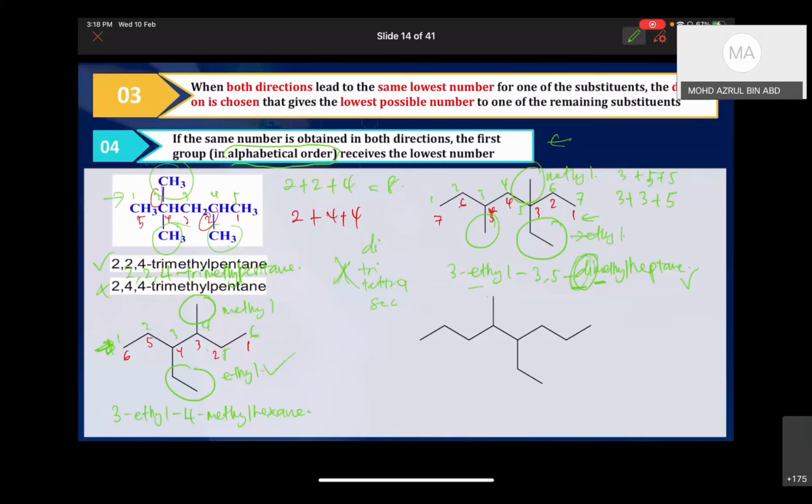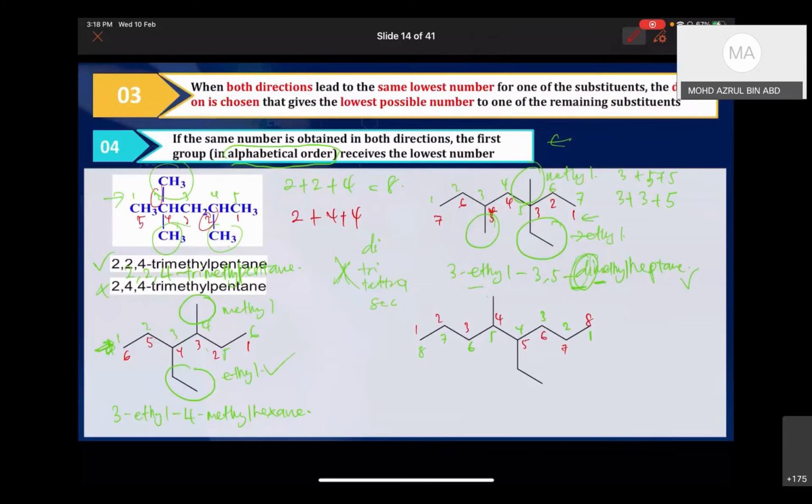So we need to arrange the numbers from this direction: 1, 2, 3, 4, 5, 6, 7, and 8. Because if we follow the left direction, 1, 2, 3, 4, 5, 6, 7, and 8, both directions give 4 and 5.